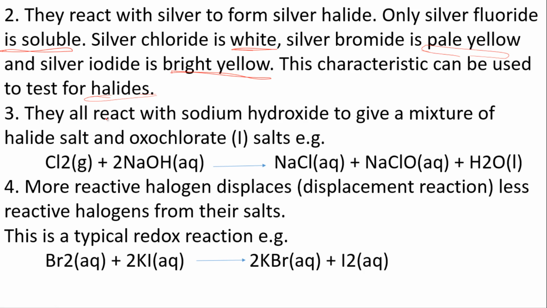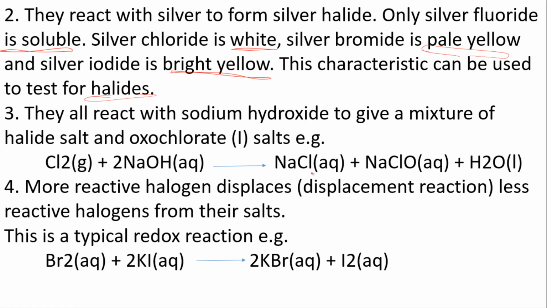They all react with sodium hydroxide to give a mixture of halide salt and oxochlorate(I) salt. Please, you need to understand it, especially when they are diluted and concentrated. But for this, you have the chlorine gas reacting with sodium hydroxide.